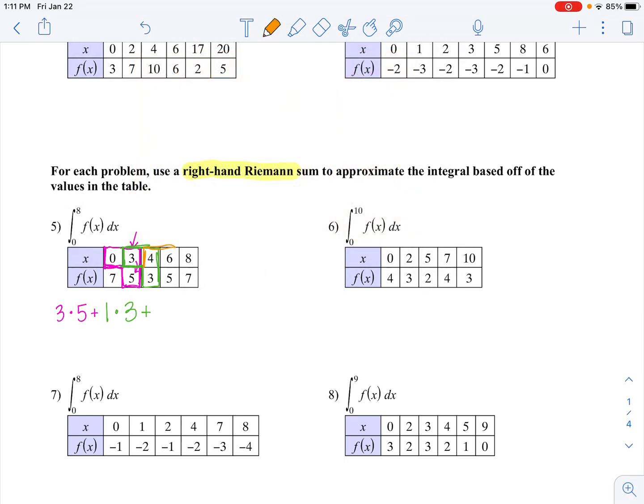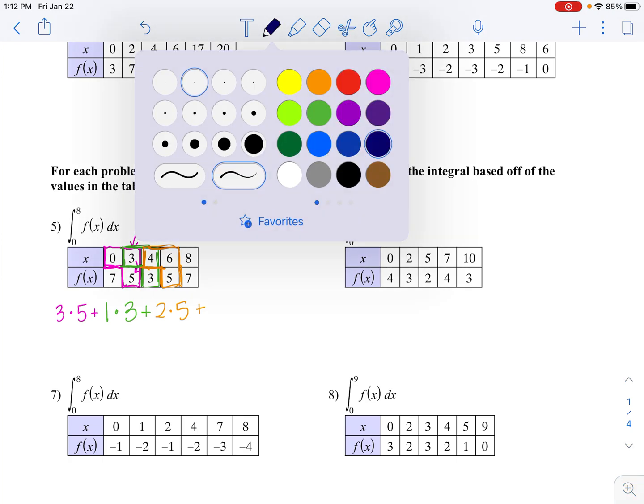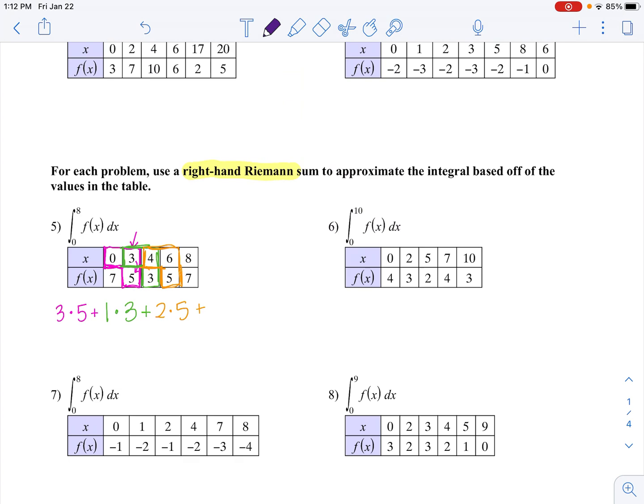Then the next interval is 4 to 6 and my height is 5. So that's 2 times 5. And then the last interval is 6 to 8 with a height of 7. So that is 2 units for my base, the distance between 6 and 8, times my rectangle's height of 7. 15 plus 3 plus 10 plus 14.